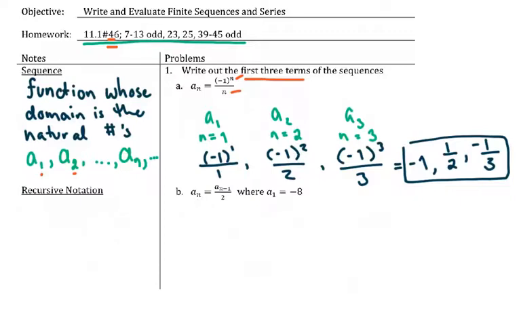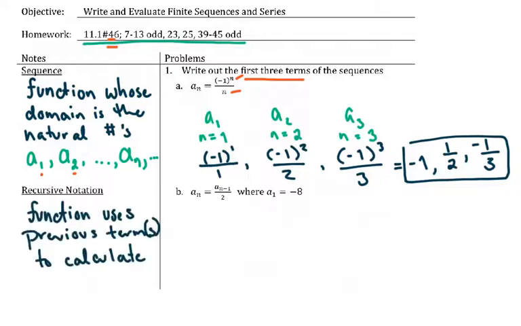Now here, what you see in part B is what we call recursive notation, where it says a sub n is equal to a sub n minus 1 over 2. And this is recursive because to find the nth term, you use the terms before it. So the n minus 1 term, that's the consecutive one before it. And you just sort of go in order as you work through.